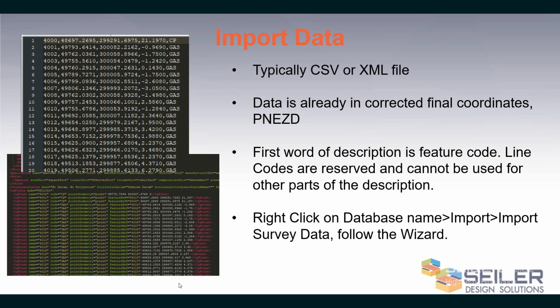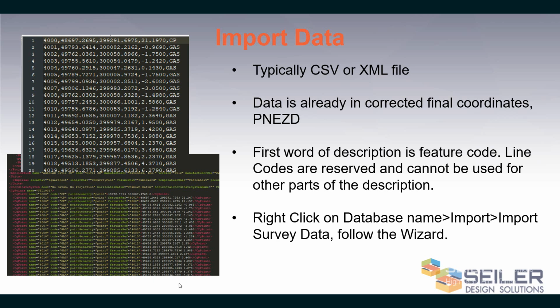Okay. Once we're ready to import our data, it's typically going to be in two formats. It's either going to be in CSV, maybe .txt, maybe .xyz, but it's definitely going to just be a straight coordinate file, text file, usually the format of PNEZD: point number, northing, easting, elevation, description.